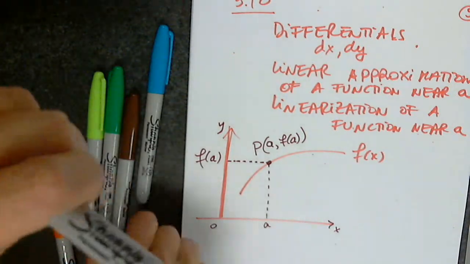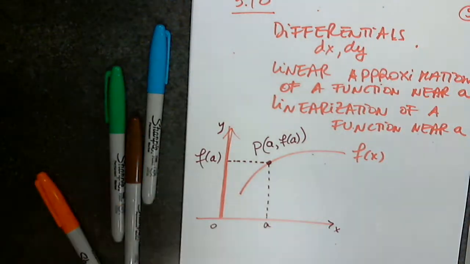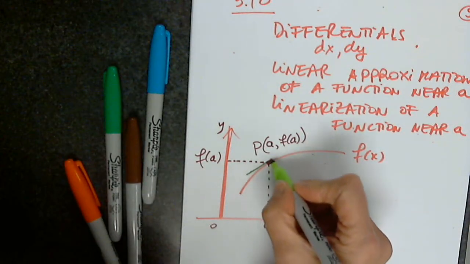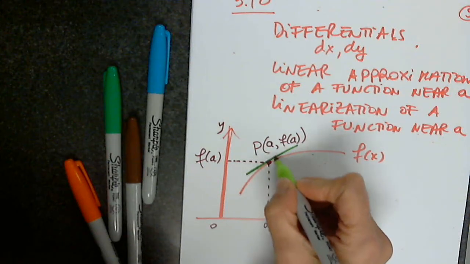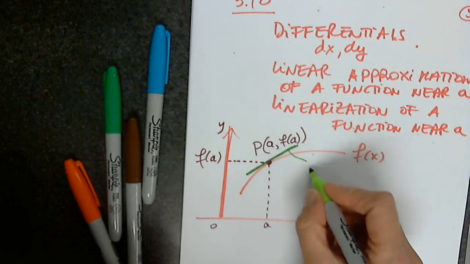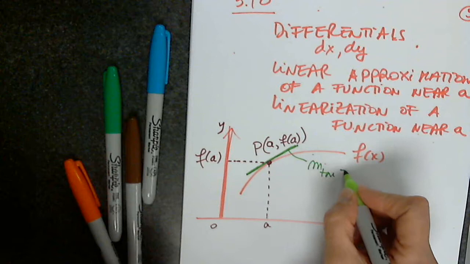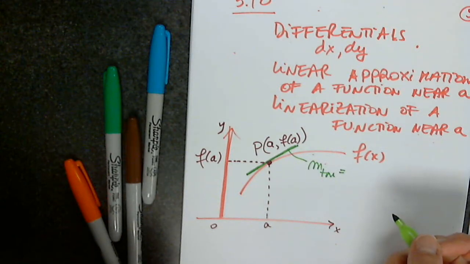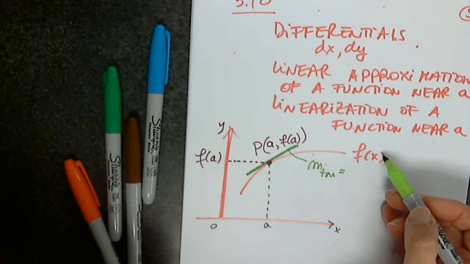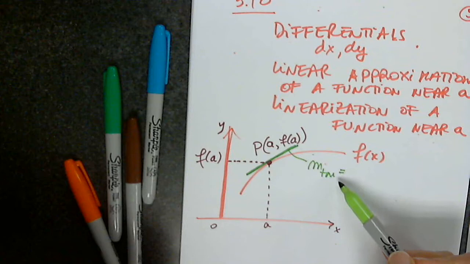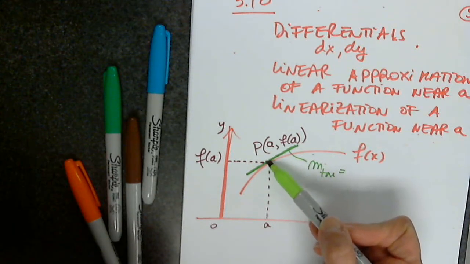And let's say I draw a tangent to this graph at that point. Can anyone give us the slope of this tangent? I have f of x, I have the point. How do I determine the slope of the tangent at any point?